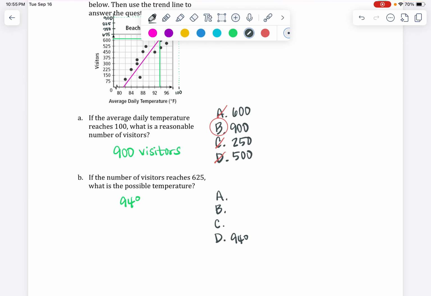But it would have other temperatures like 80 degrees, 120 degrees, and then like 50 degrees or something. Nothing even remotely around where the correct temperature would be if you drew your line of best fit even close to accurate. So anyway, that's kind of what that would look like on a STAR test.